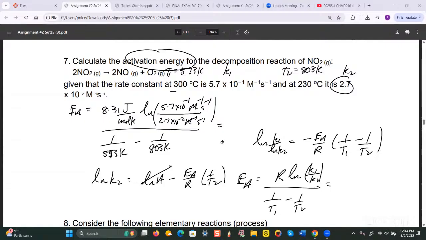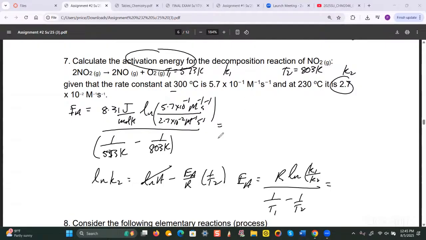Let me erase this here. I'm going to do this piecemeal. I'm going to work out what's within the parentheses first. So 5.7 times 10 to the minus 1 divided by 2.7 times 10 to the minus 2. According to my calculation, let me do this again just to make sure.